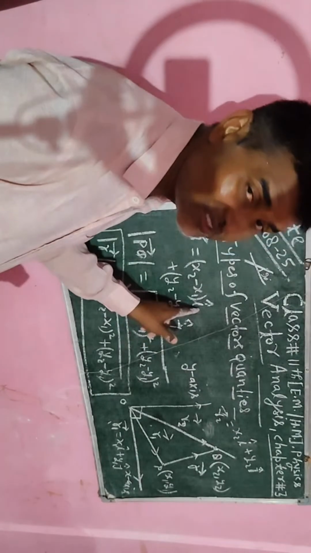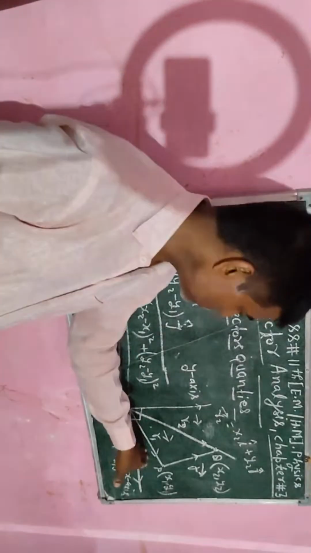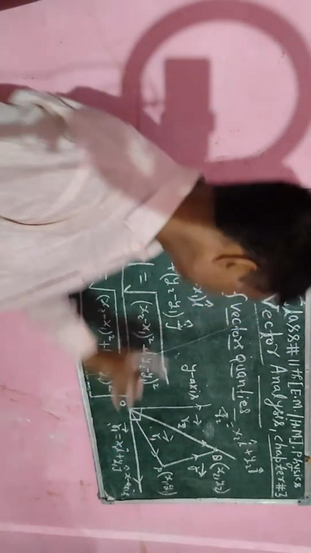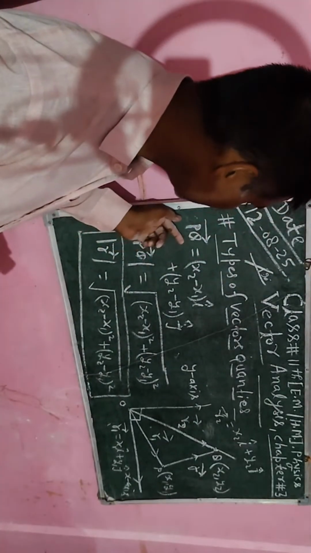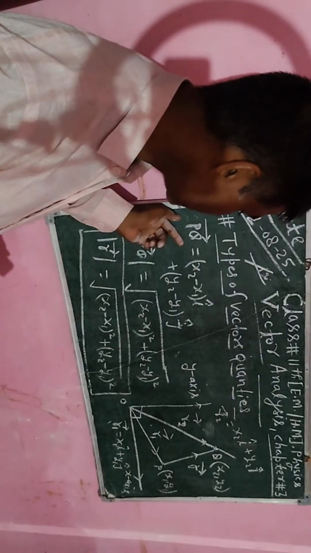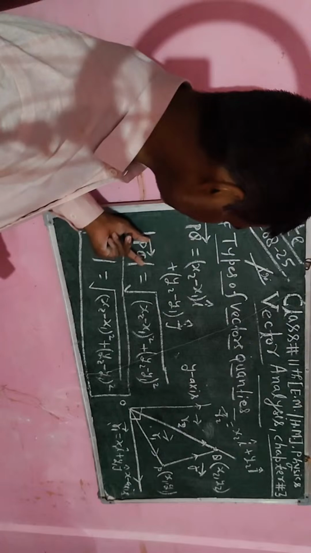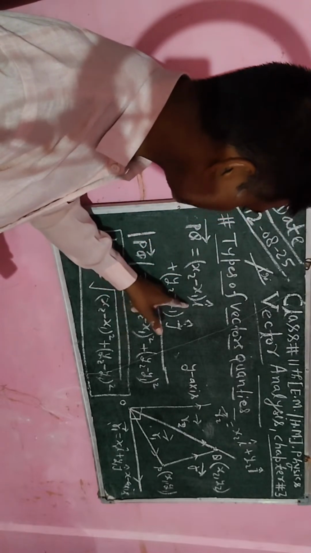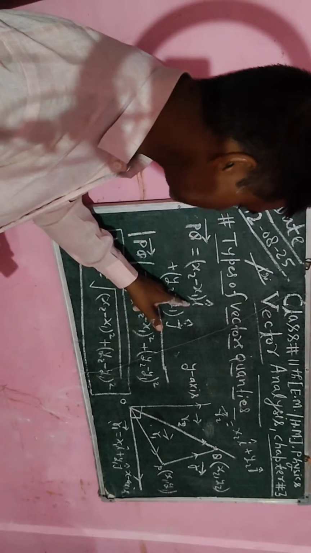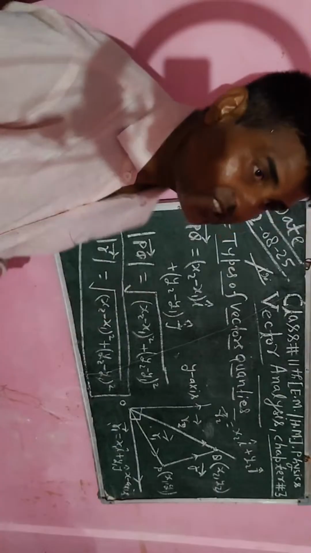This is also a representation of the vector. If two position vectors are given, I can use this concept for getting the PQ vector, and if I get the PQ vector, I will take its magnitude. So the magnitude will be the coefficient of vector i whole square plus the coefficient of vector j whole square, and then I will take its square root.